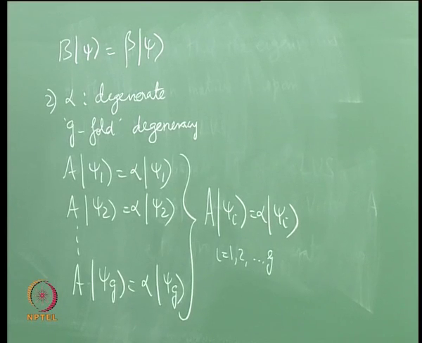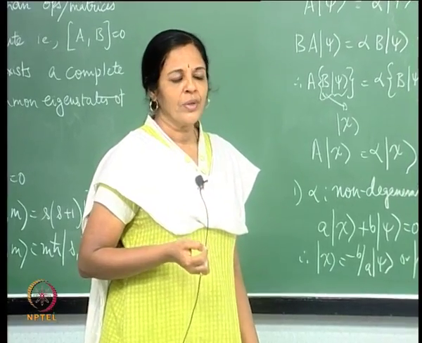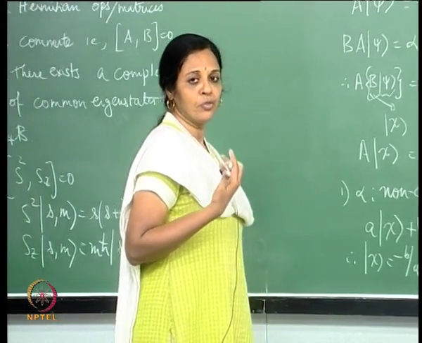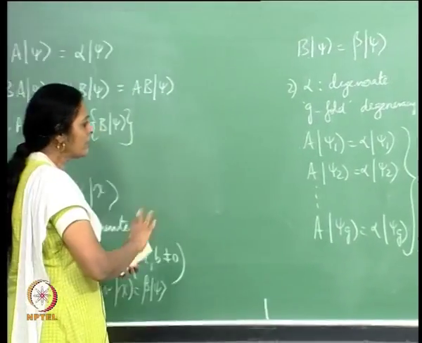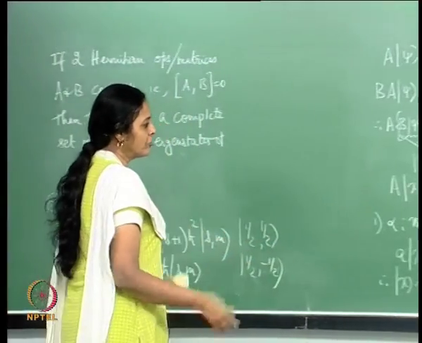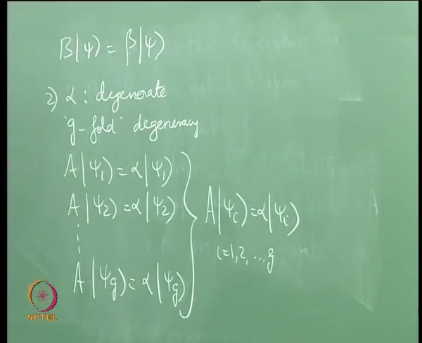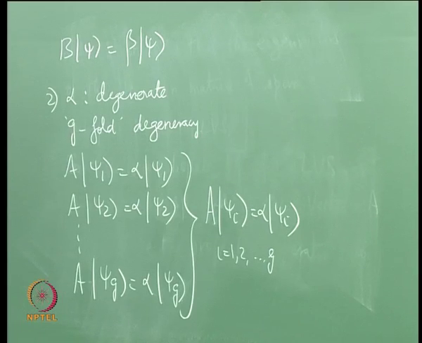To illustrate whatever follows, we will look at the simplest case where G is 2. So, we will have two-fold degeneracy. Whatever I say for G equal to 2 can be easily extended to n-fold degeneracy.